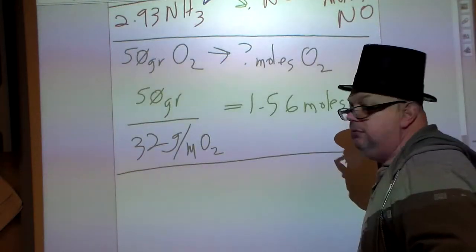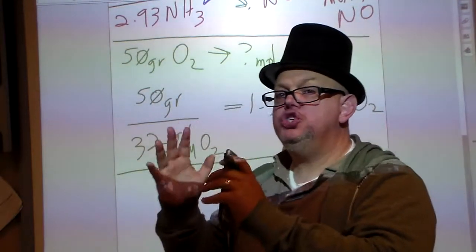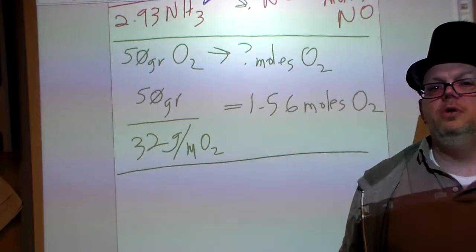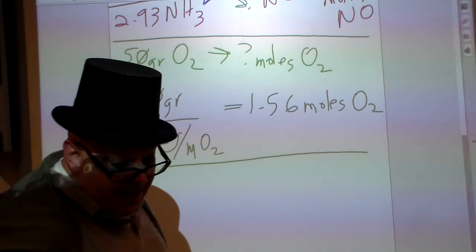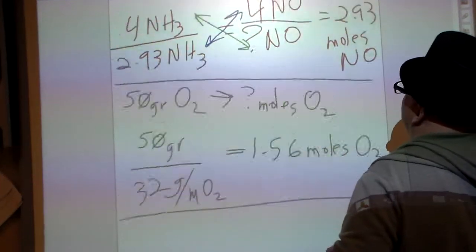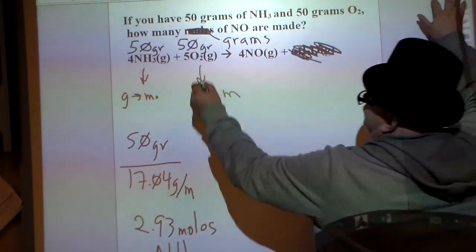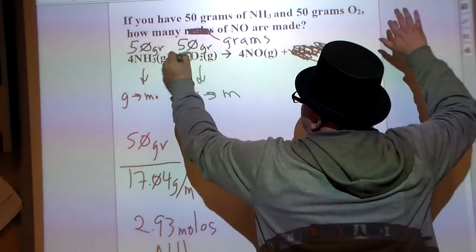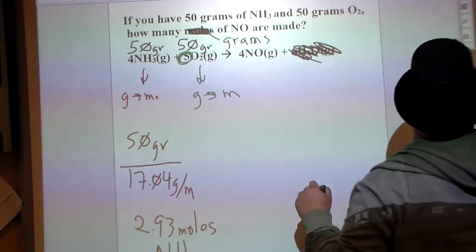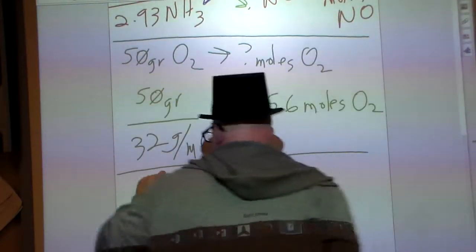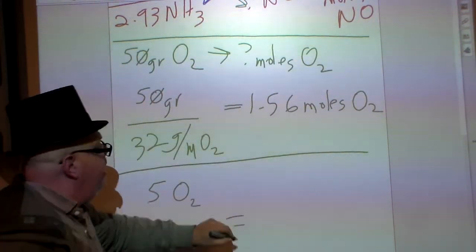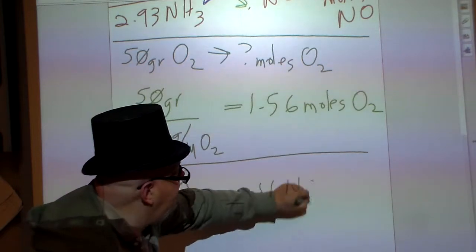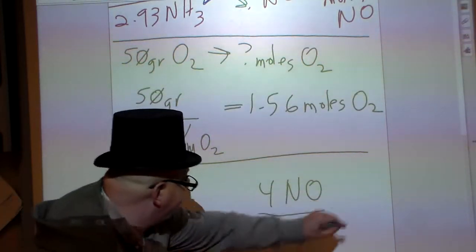Now we have the numbers of O2, now we need the numbers of NO. So let's take a look again at our original equation. I'm kind of running out of time here. There's 5, that's where now the coefficient comes in, 5 to 4. Okay, no problem. So I have here 5 O2, and here is 4 NO, okay?